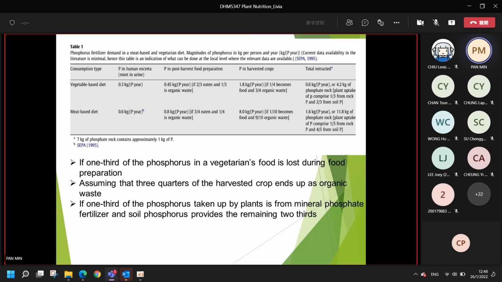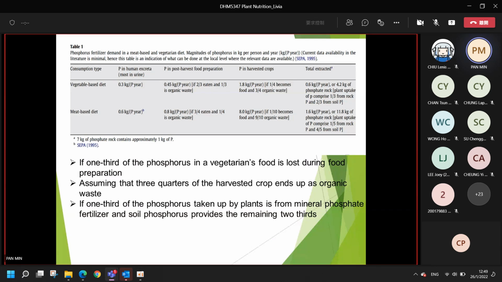And if 1/3 of the phosphorus in the vegetarian food is lost during food preparation, one can assume that the post-harvest material contains 0.45 kilograms of phosphorus, assuming that 3/4 of the harvested crop ends up as organic waste.